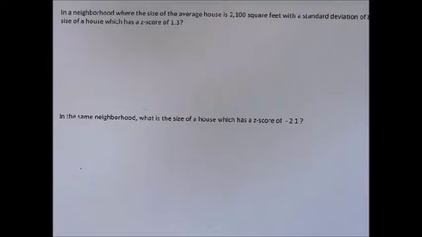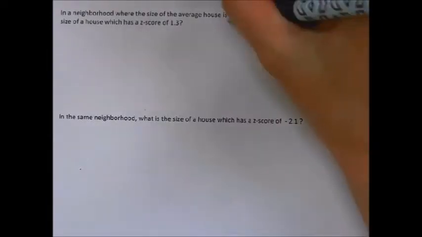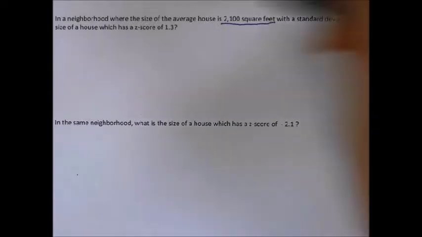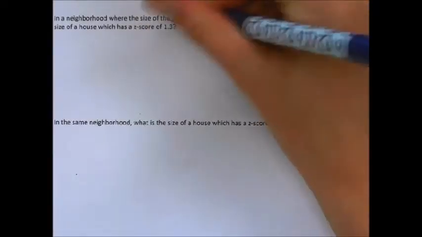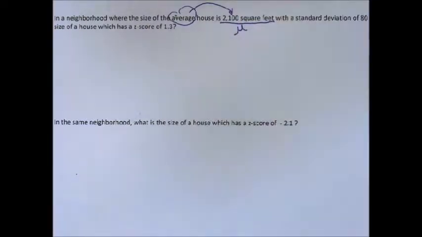For this next example, we have a neighborhood where the size of the average house is 2,100 square feet with a standard deviation of 80 square feet. What is the size of the house, which has a z-score of 1.3? So let's read through this again and label everything. 2,100 is our average, so that's our mu.